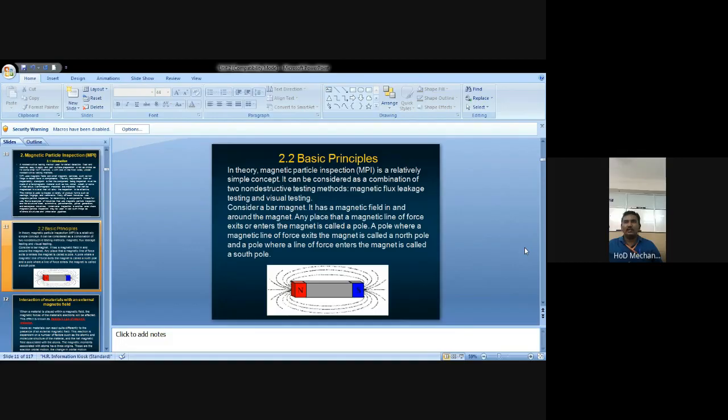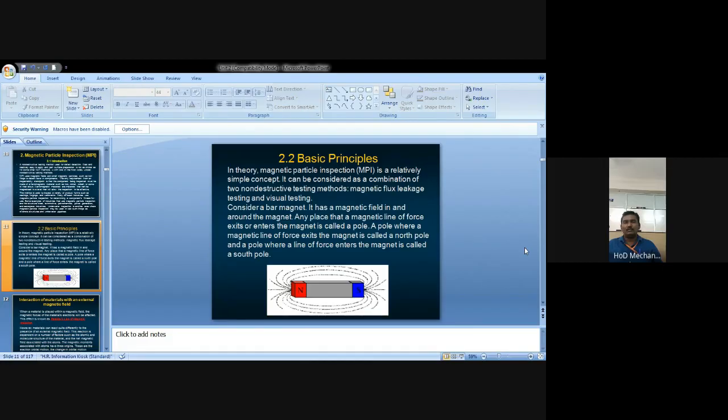Any place that a magnetic line of force exits or enters the magnet is called a pole, the north pole and south pole. A pole where a magnetic line of force exits the magnet is called a north pole, and a pole where a line of force enters the magnet is called a south pole.